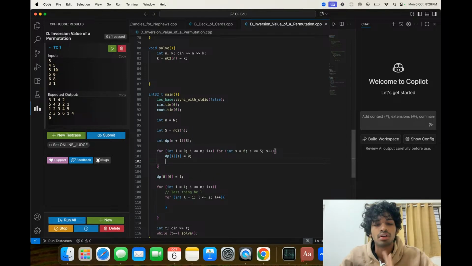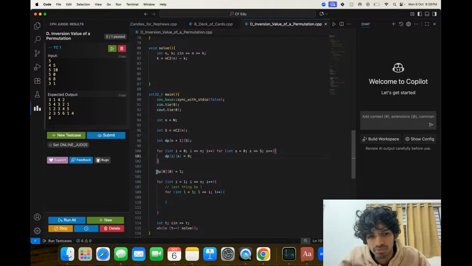Okay, dp of i of s equals to 0. So takes a total sum be 0, then that's possible. Okay.